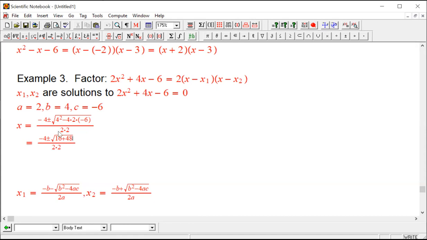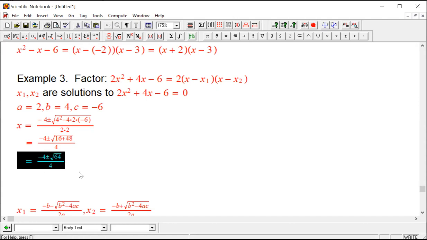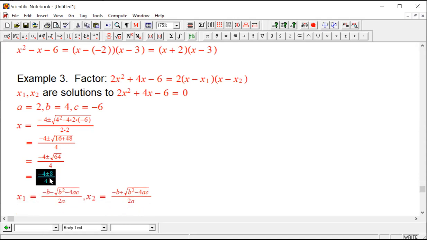So it looks like that's going to make 64, right? So we have the square root of 64, and the square root of 64 is 8. Next, we're going to make our x sub 1, x sub 2.